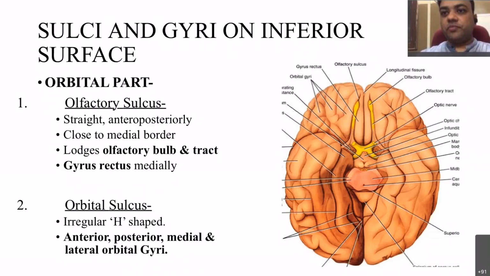These have the anterior, medial, posterior and lateral orbital gyri. And medial to the olfactory sulcus, this gyrus is known as the gyrus rectus because it is straight from anterior to posterior, and lateral to this, the orbital sulcus divides the area into four parts: anterior, posterior, medial and lateral orbital gyri.